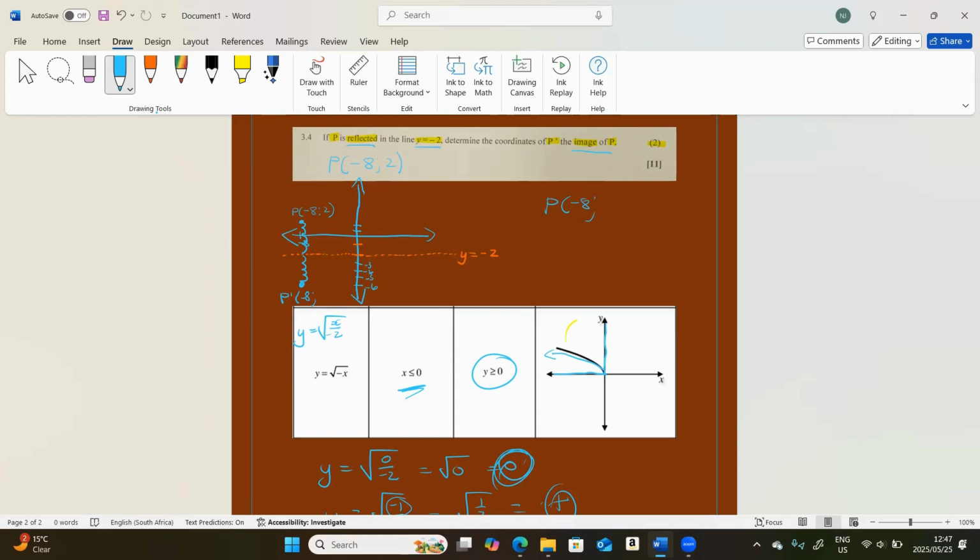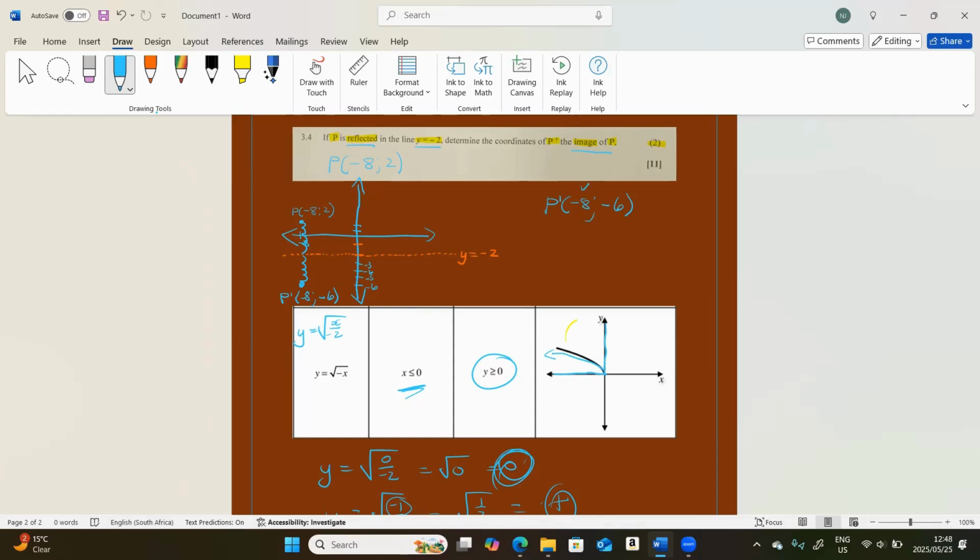So can you see that the y value would then be -6, and that is your answer. For the image of P, the x value would have remained the same, but the y value would have changed to -6. Okay, so that is then your final answer for these 2 marks.